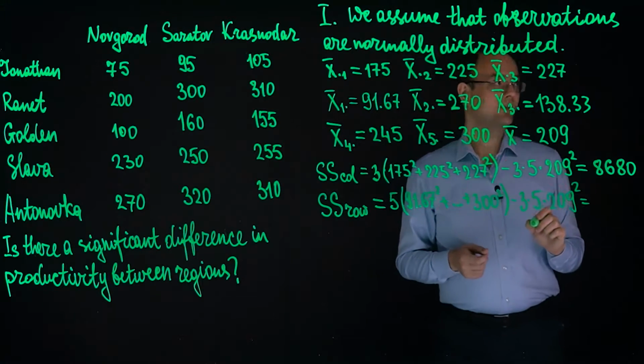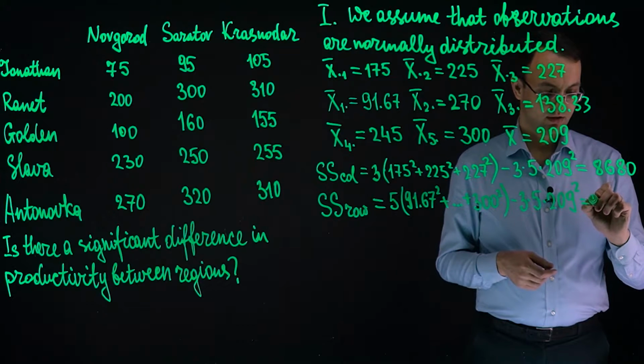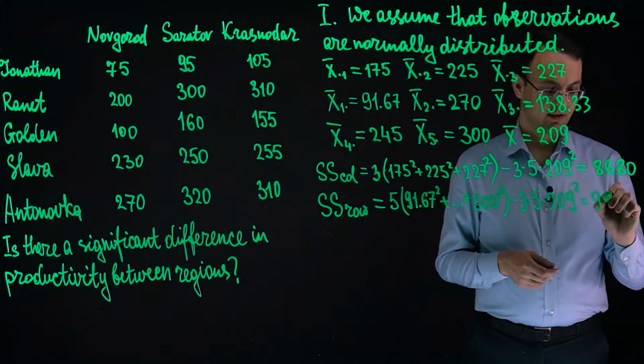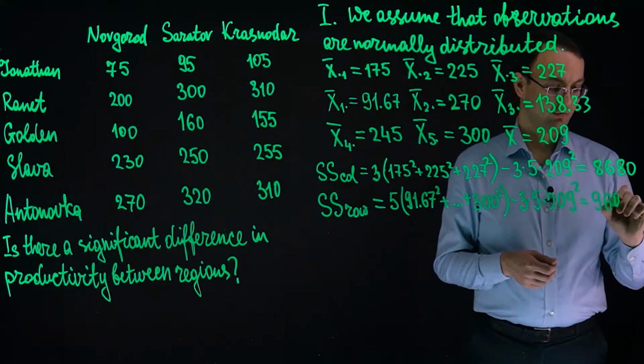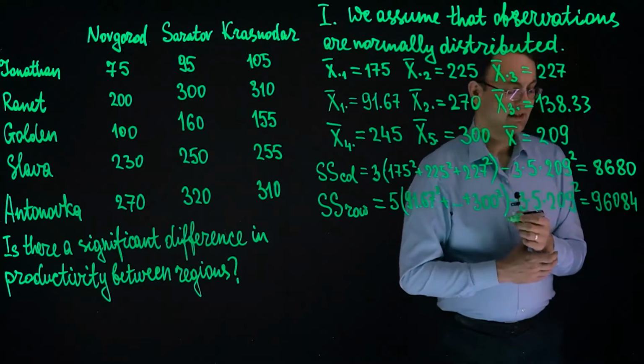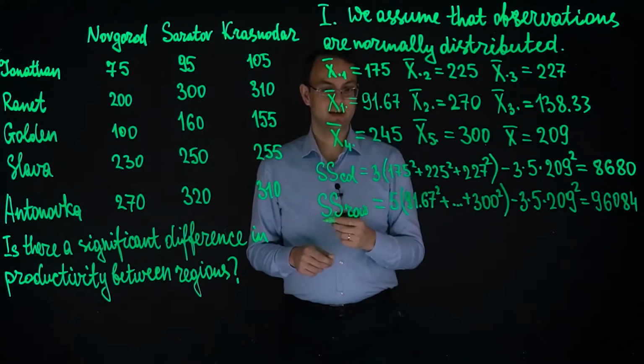And this will be 96084. So this is SS row.